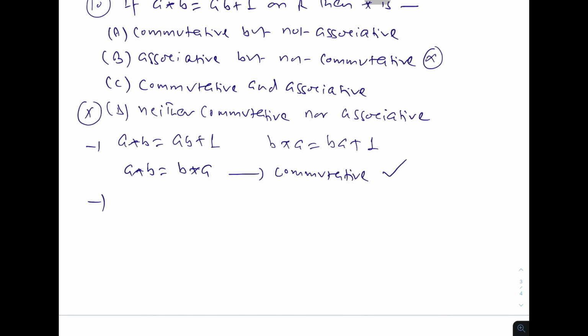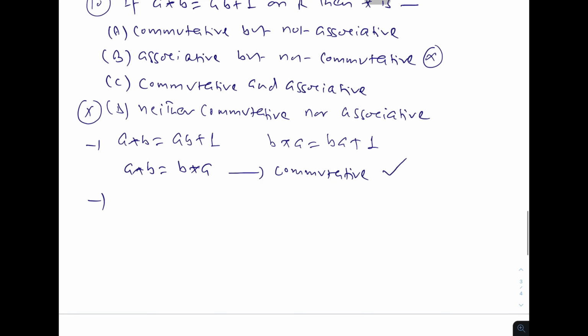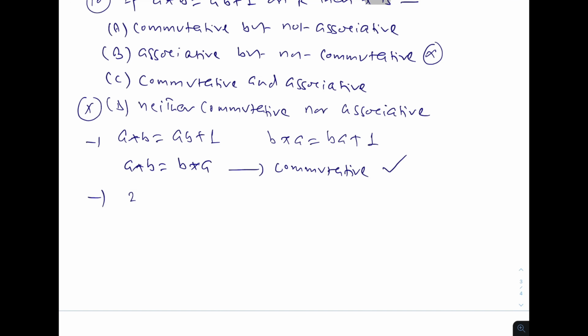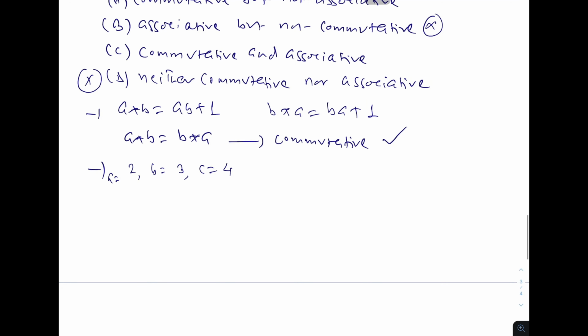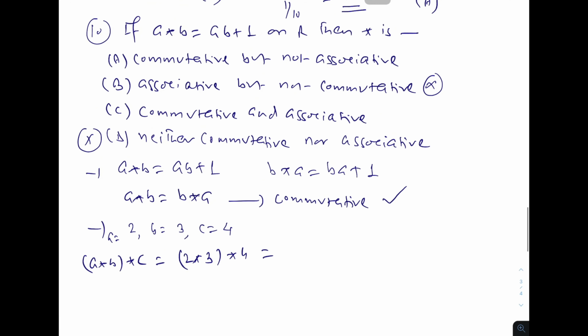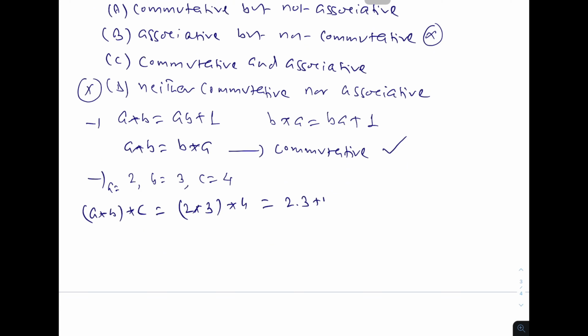So let us try to find, like if I write say A equal to 2, B equal to 3, C equal to 4, and let us check. So A star B star C, this is 2 star 3 star 4. Now A star B is AB plus 1. So this is 2 into 3 plus 1, star 4. This is equal to 6 plus 1, so 7 star 4.